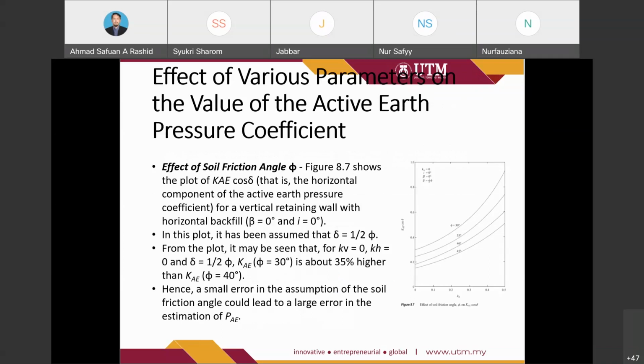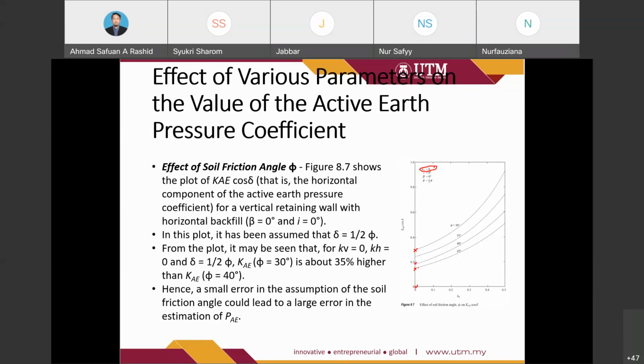From the plot, it can be seen that for KV equal to 0 and KH equal to 0, KAE at a phi value of 30 is about 35% higher than the KAE at a phi of 40.